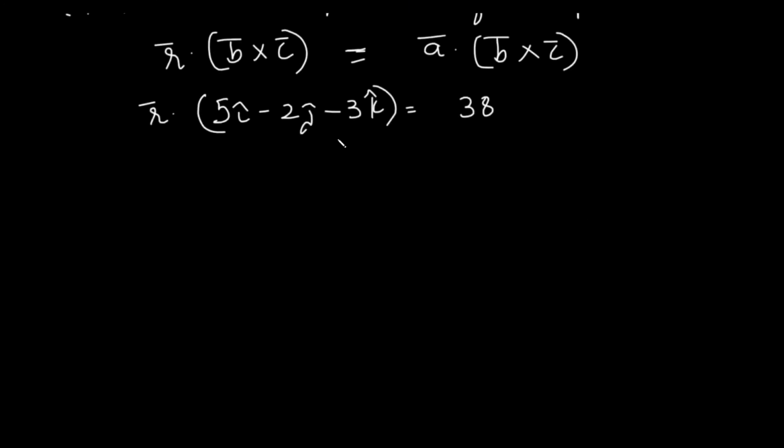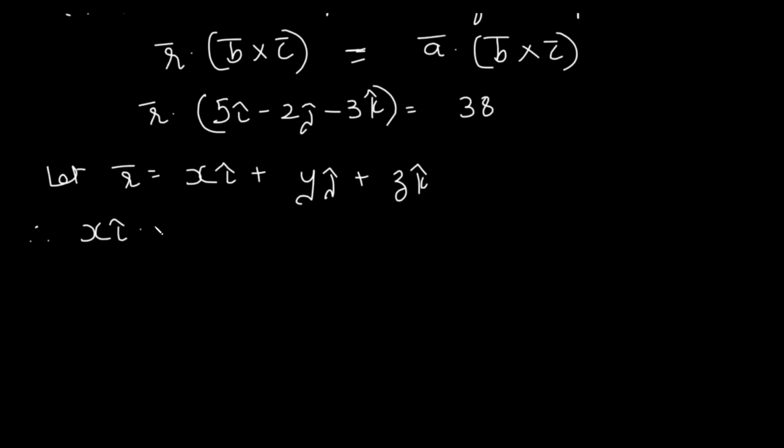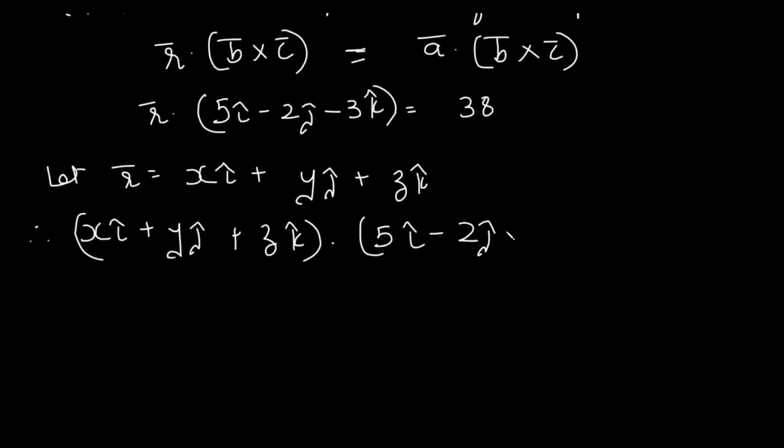For converting, we let r be a point on the plane other than a, so r = xi + yj + zk. The equation becomes (xi + yj + zk) dot (5i − 2j − 3k) = 38.